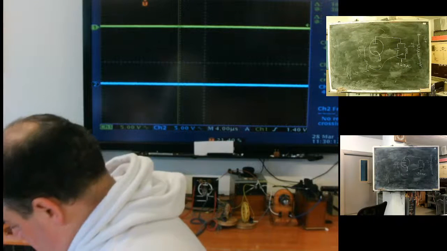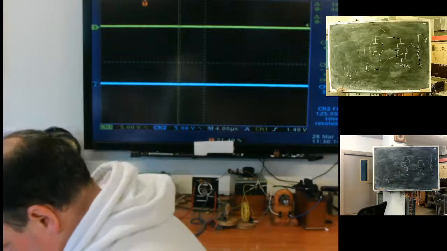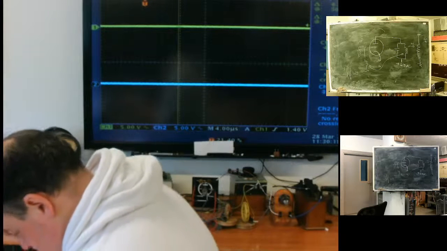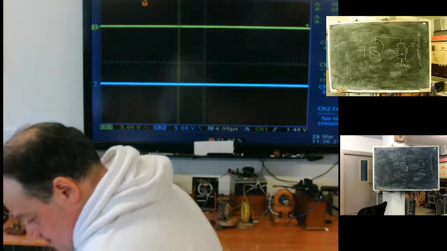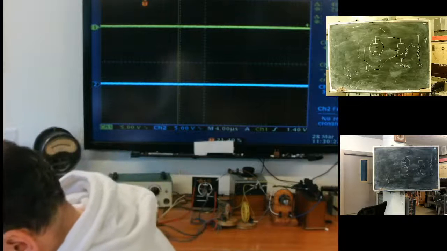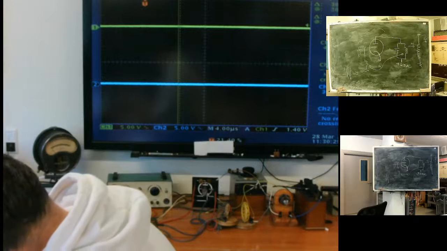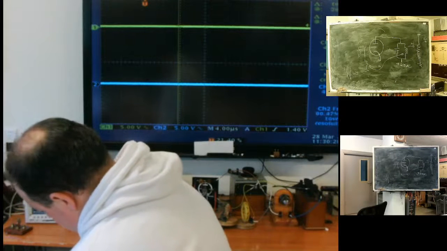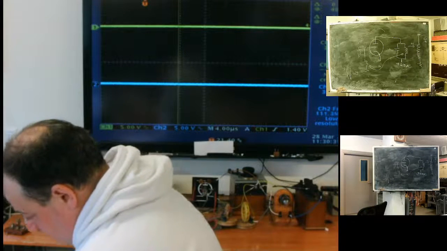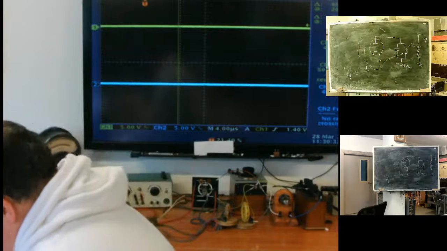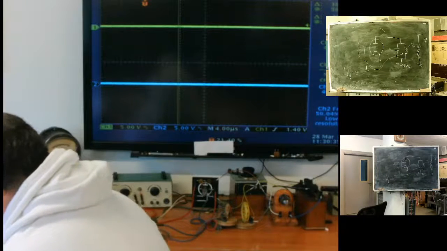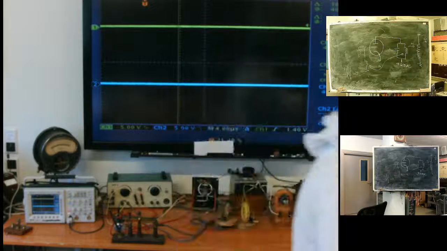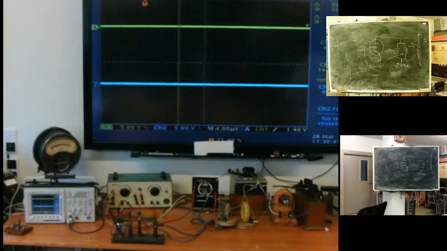It's for the next one, I think. Another one is the effect of mutual effects of two signals.